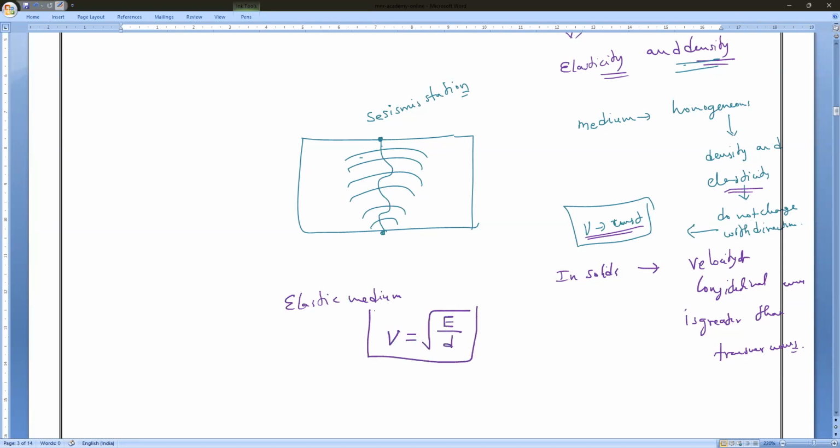This is the expression derived by Sir Isaac Newton. Here, v is the velocity of the wave in the medium, E indicates elasticity and D indicates density.